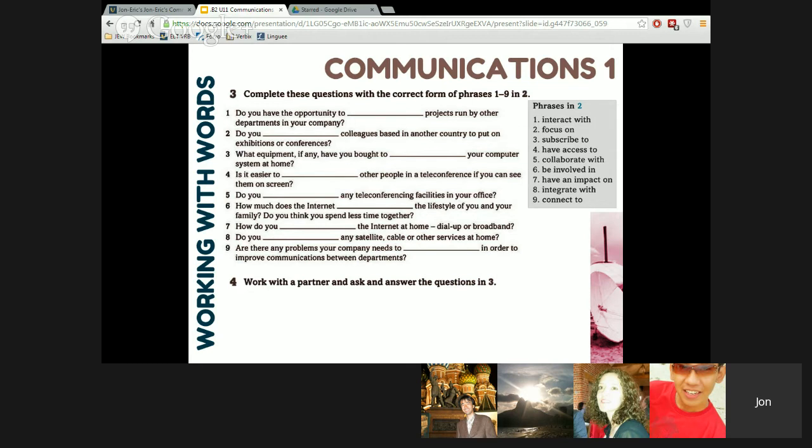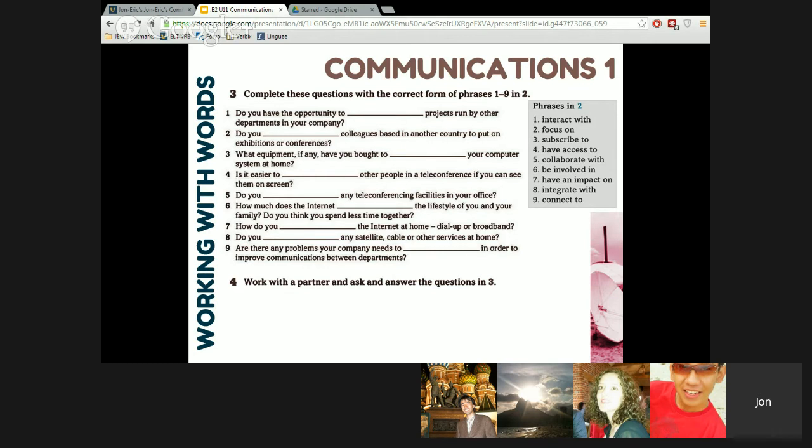Have an impact on. How much does it affect the lifestyle? Okay, that's it. It's right. For me, it makes sense. Makes sense for me too. So that means how important is the internet in your life? What is the influence? That's it. Correct.